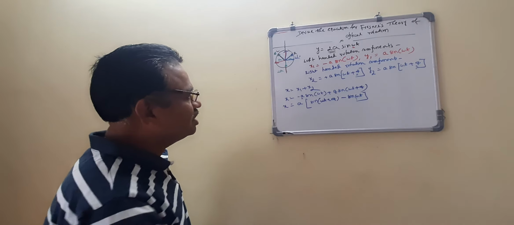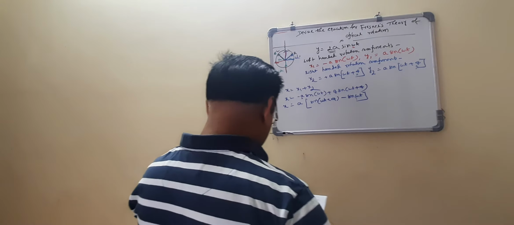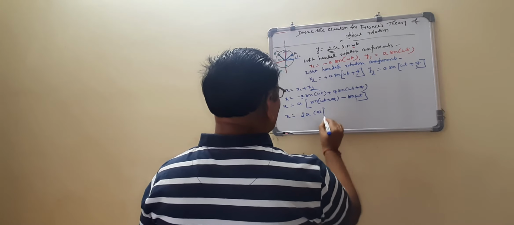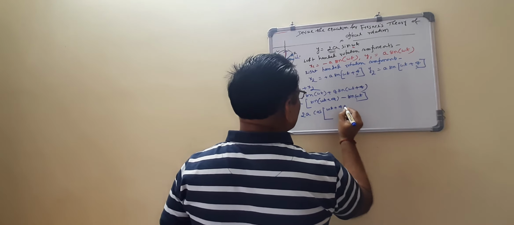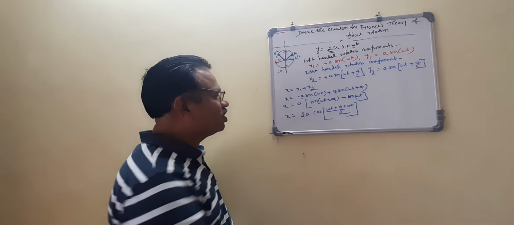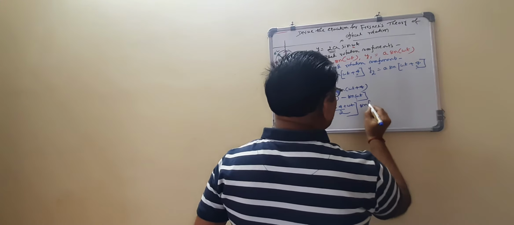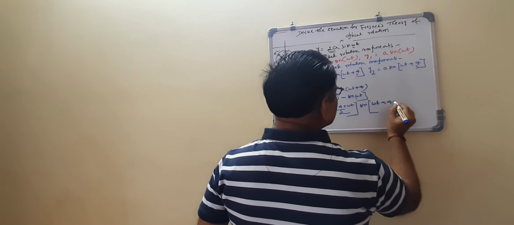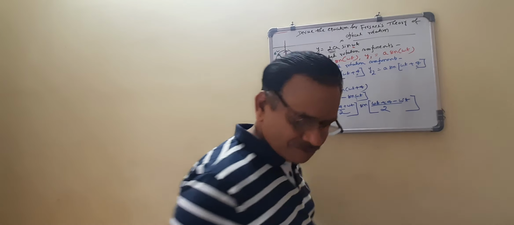You use the formula of sine A minus sine B. That is using that standard equation, x equal to 2a into cos of (a plus b) by 2, that is omega t plus phi plus omega t divided by 2, into sine of (a minus b) by 2, a minus b means omega t plus phi minus omega t divided by 2.